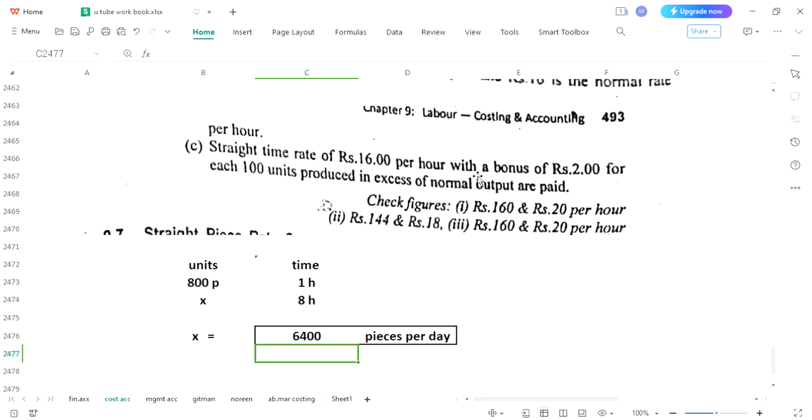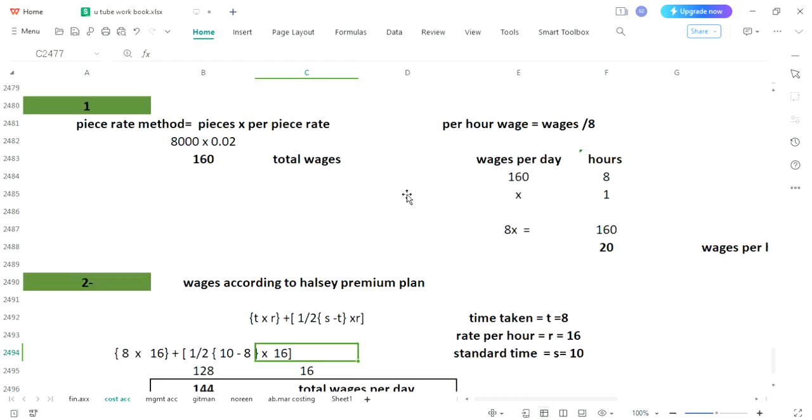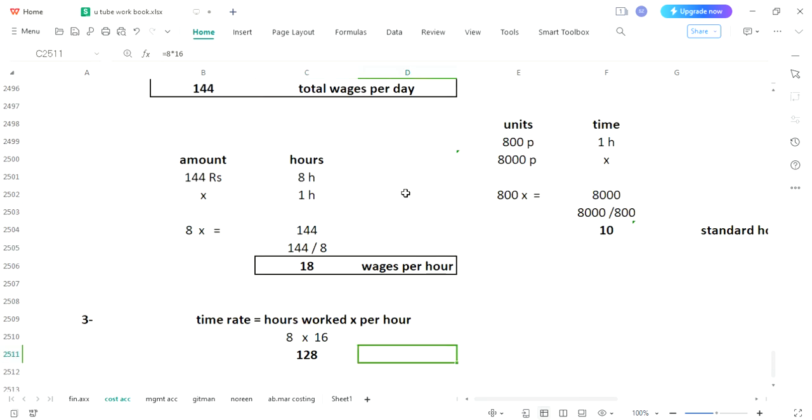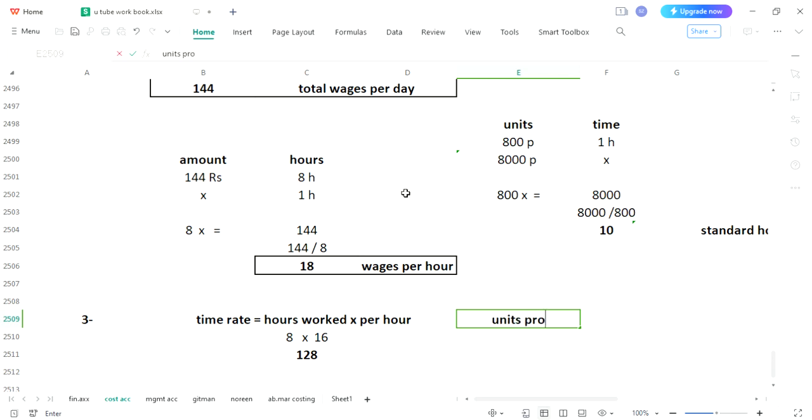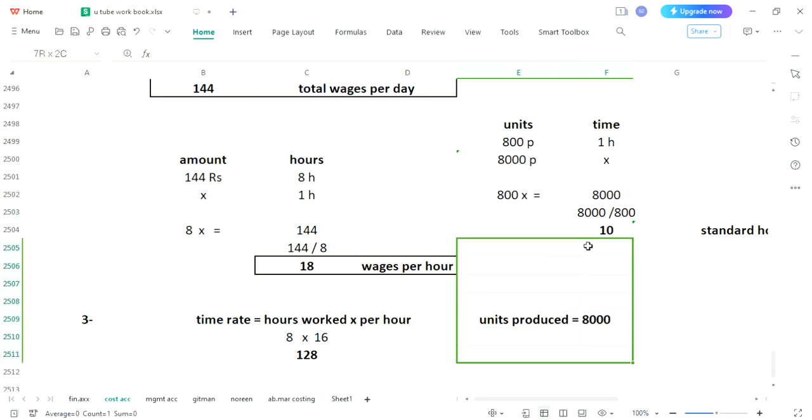Let's see what else has been said. 2 rupees would be paid for each 100 units produced in excess. How many units are produced? As you know, units produced by the worker is 8,000. From here, we will calculate how many units are extra. As you can see, standard production was calculated over here, in the previous part of the question.